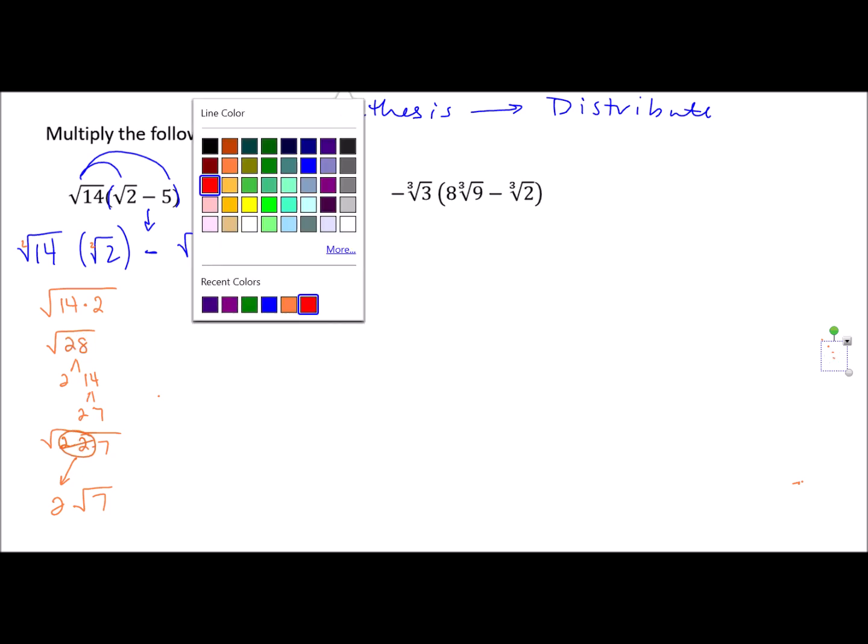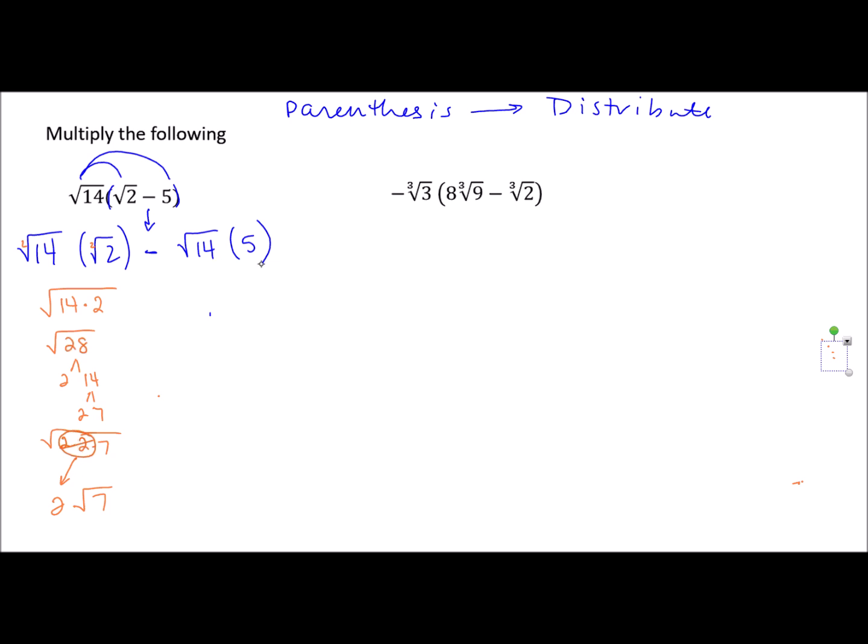This second one, it's a square root of 14 times 5. Outside jail and inside jail cannot combine. So all you can do is write them next to each other. And so it's going to become the 5 out in front and then your jail. And don't forget the subtract that was in between.